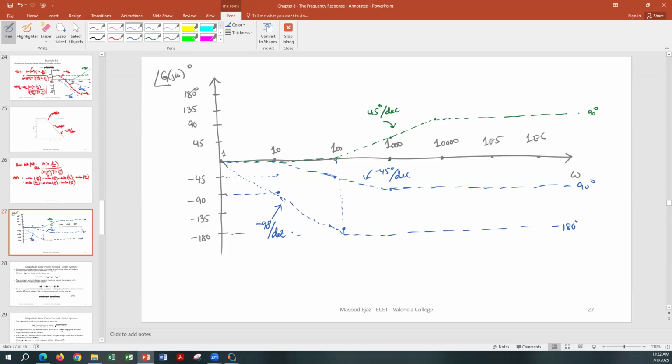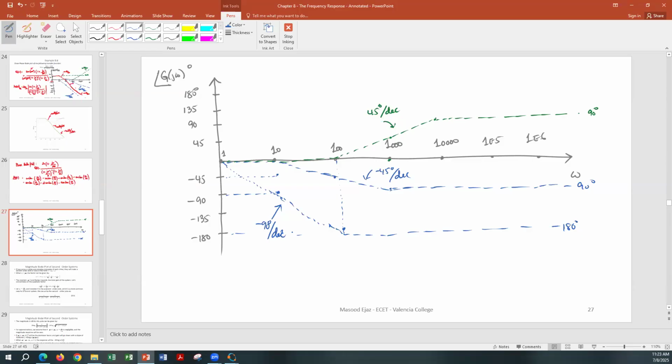So that's a square. If you have a cube, of course, then every value is going to be multiplied by 3. So your slope is going to be, instead of 45, 45 times 3 degrees per decade. Yes? 90.